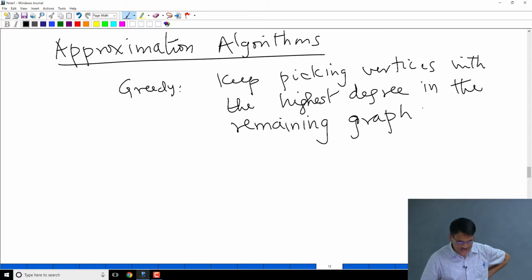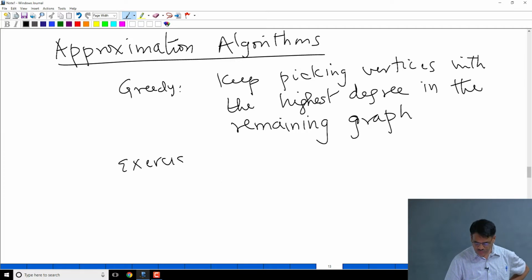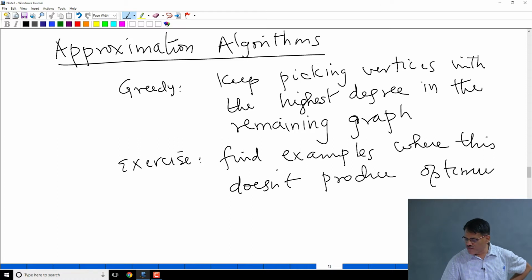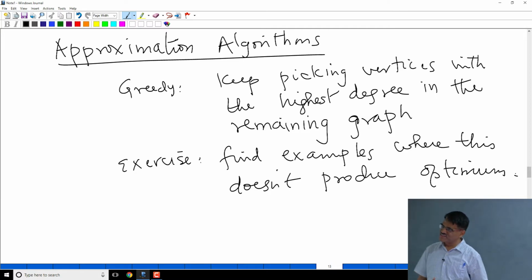So, the exercises, I do not have time. So, find examples where this is not optimum. This is easy to come up with. What is more challenging is how bad is it, right?